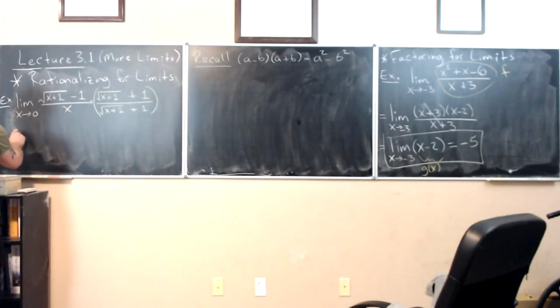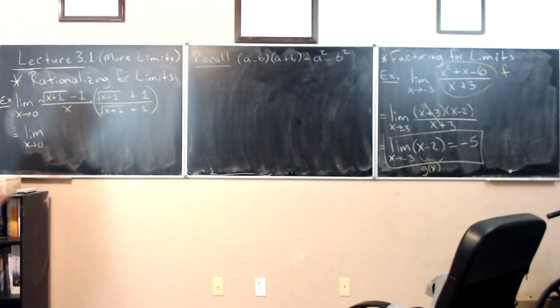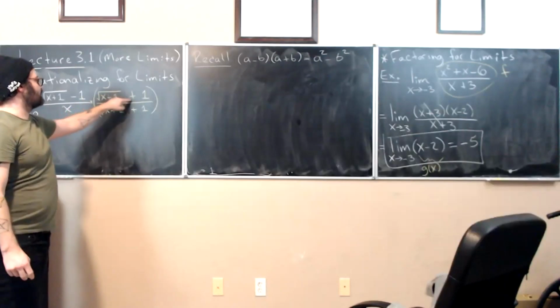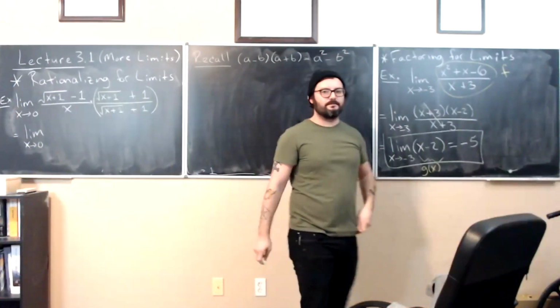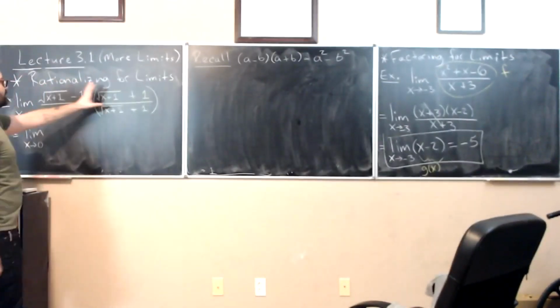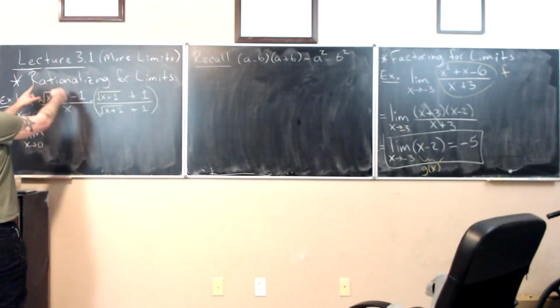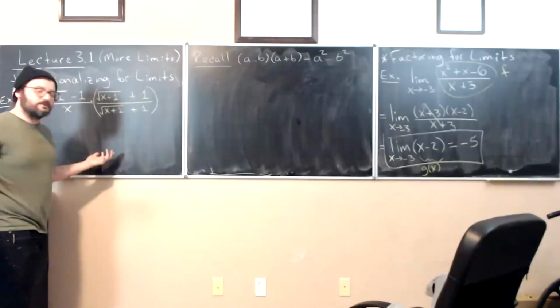So this is now going to be the limit as x approaches 0 of, in the numerator, I have a minus b times a plus b, which is equal to this, okay? So a minus b times a plus b in the numerator will be a squared, which gets rid of the square root. Recall that the square of the square root goes away, right?